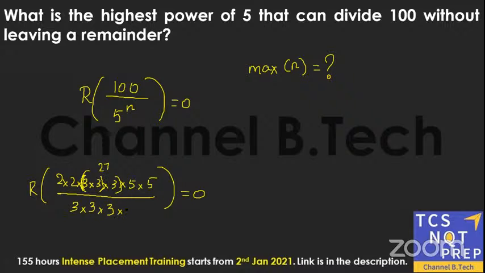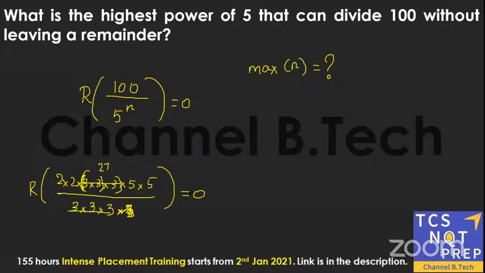But if I multiply one more 3 in the denominator, what happens? In the numerator there are only 3 3's, but in the denominator there are 4 3's. These 3 3's and these 3 3's will get cancelled. When you divide the remaining values by 3, the remainder will not be 0.